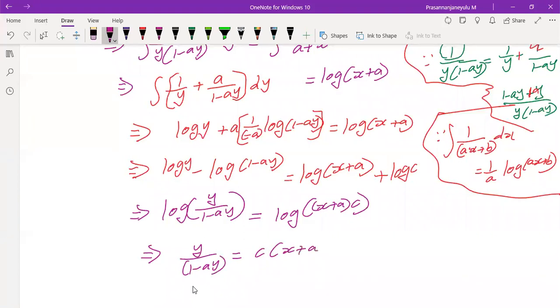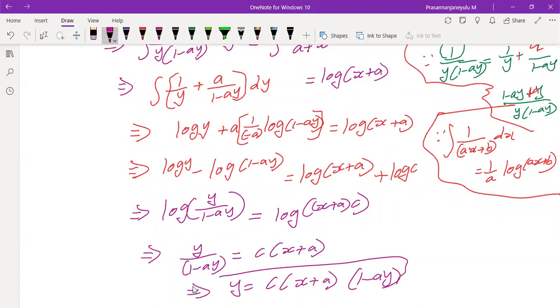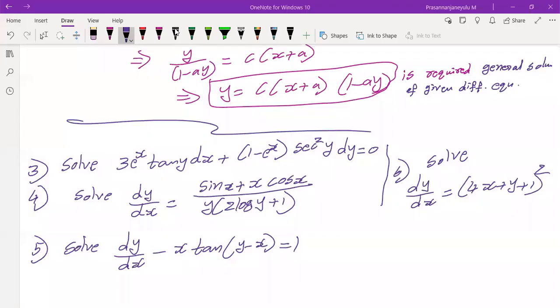You can mention it like this, or if you want one more simplification, we can write y is equal to c into x plus a into 1 minus ay, which is the general solution of the given differential equation. So y equals c into x plus a into 1 minus ay is the required general solution of the given differential equation.